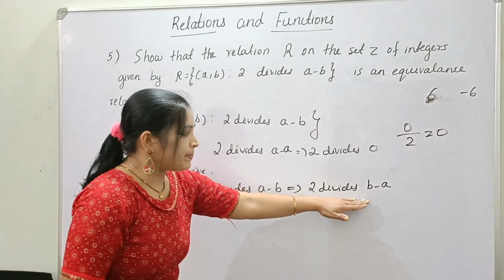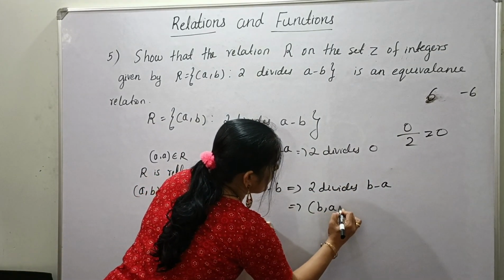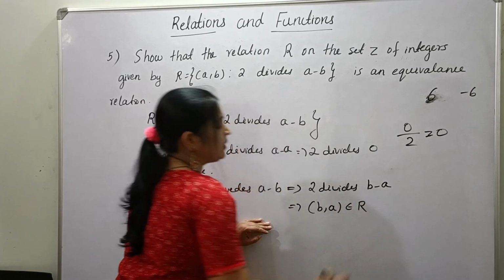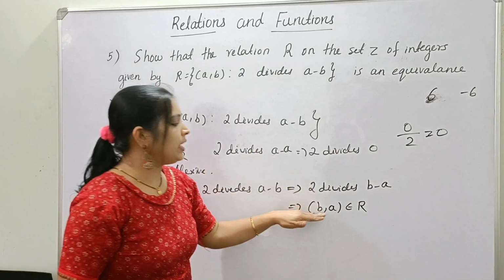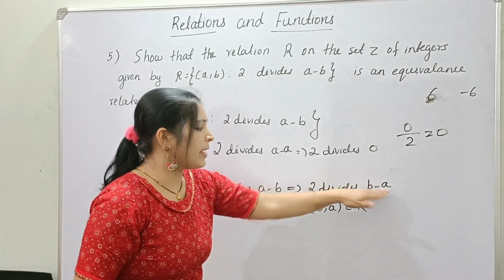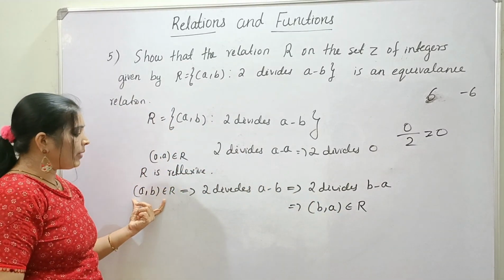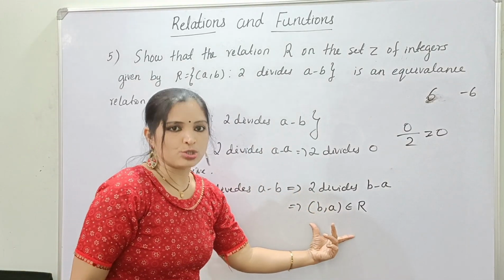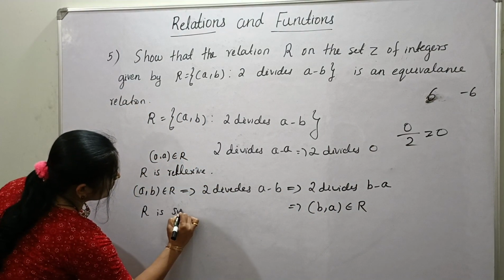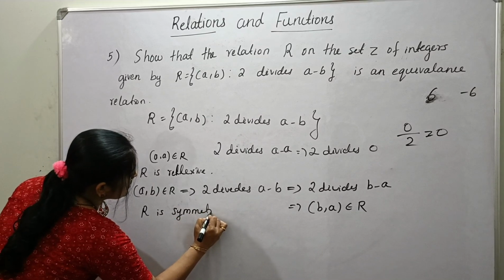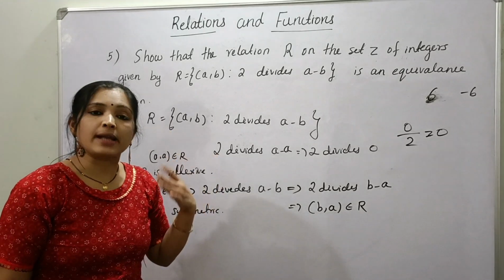That implies (b, a) belongs to R, according to the relation. If 2 divides b minus a, then (b, a) belongs to R. So we have got, if (a, b) belongs to R, then (b, a) belongs to R. Therefore, this R is symmetric. Next, we have to prove it is transitive.